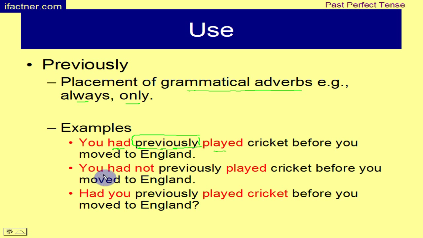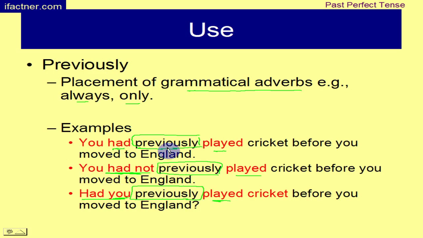And for negative forms, we place the grammatical adverb between you had not, the auxiliary verb and not, and the main verb. And for the question forms, we place it between the subject and the main verb. So let's see the examples.